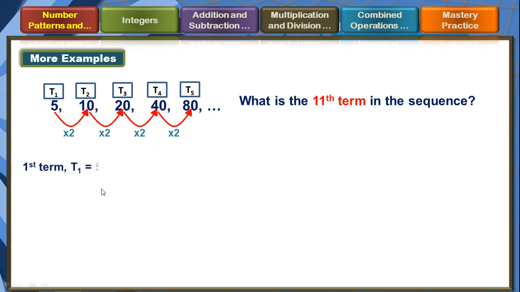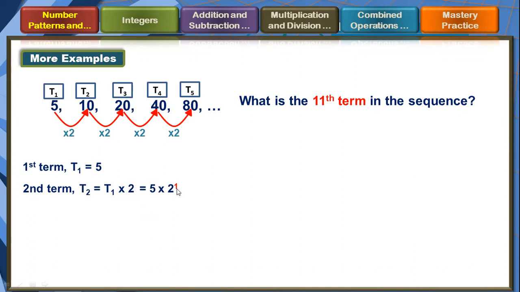So let's solve it. Same thing we do. First term T sub 1 equals 5. Second term T sub 2 equals T sub 1 times 2. And that is equal to 5 times 2 raised to 1. So we know that 2 exponent 1, or 2 to the power of 1, is the same as 2. So most of the time we don't need to write the exponent.